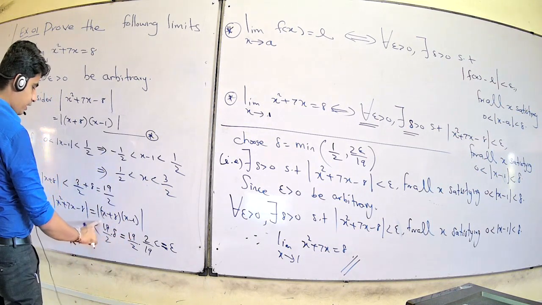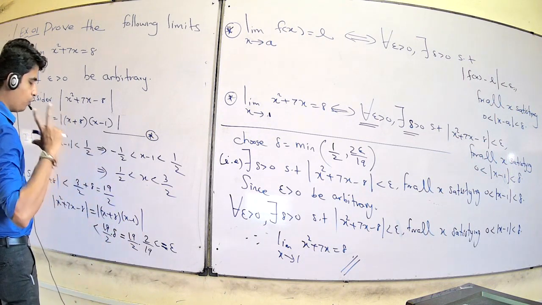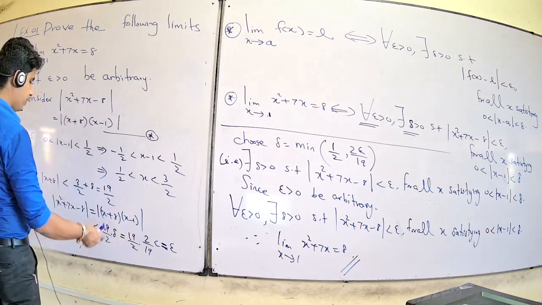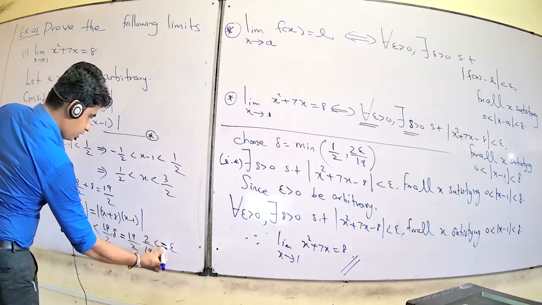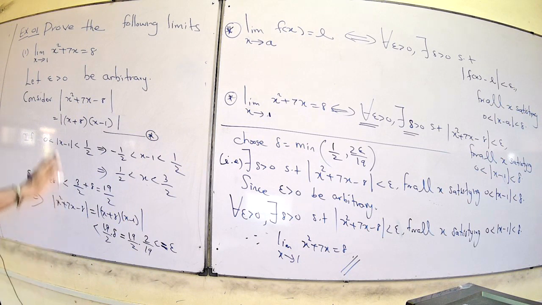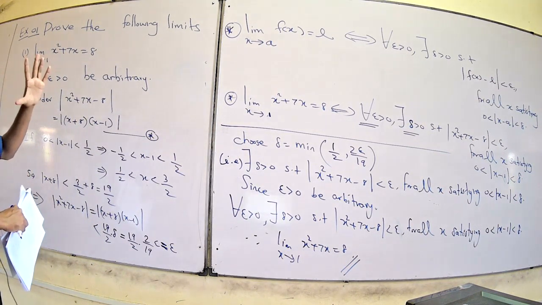But you want 19 delta by 2 equal epsilon. Therefore, what value do you choose for delta? That delta value should be 2 epsilon by 19. Then you will get epsilon. Since epsilon greater than 0 is arbitrary, this result is true for all values of x. That is the proof for the finite limit part.